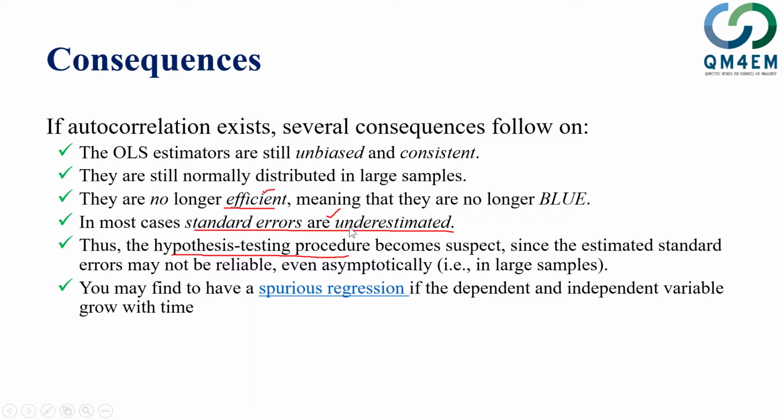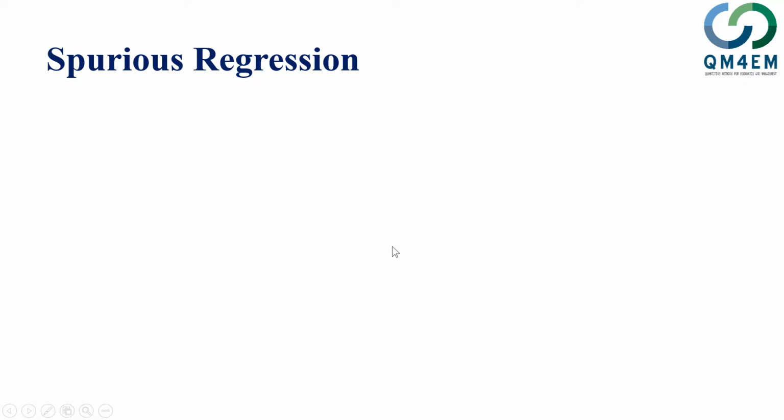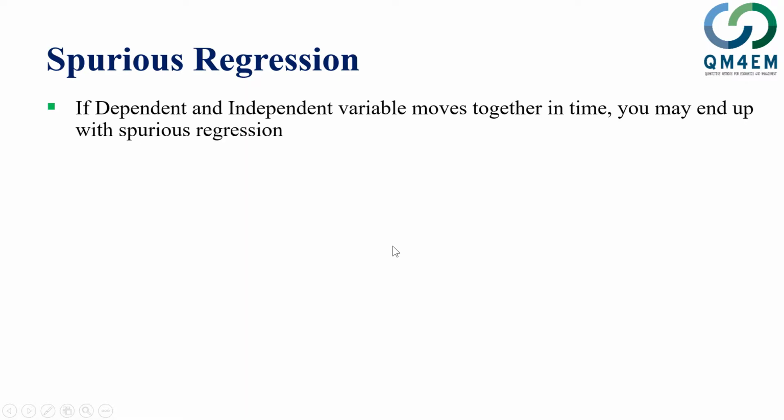However, due to underestimated standard errors, a relationship appears if you run the model. Let me show you with an example that will make it clearer. Spurious regression refers to a case when the dependent and independent variables move together in time, but there is no relation between these two variables.